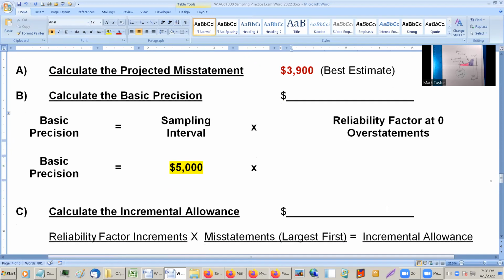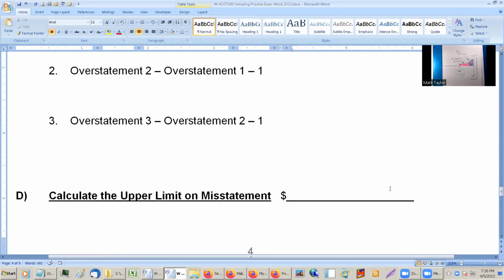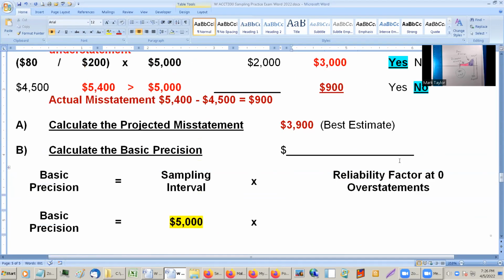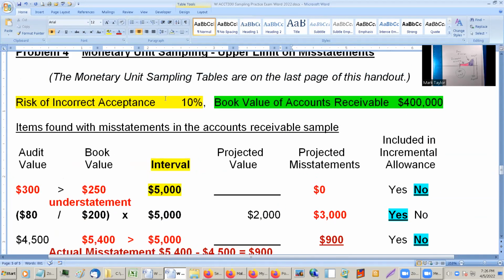And the reliability factor at 0 overstatements. We got to go down to the table here. What percentage are we looking at? 10%. And on the test, make sure you check this, because if this changes, it'll change down below. So 10%.